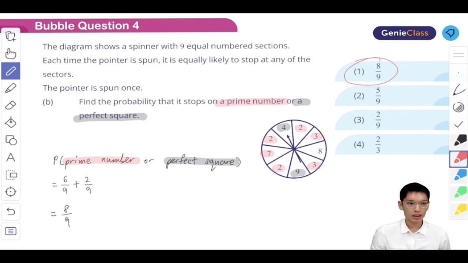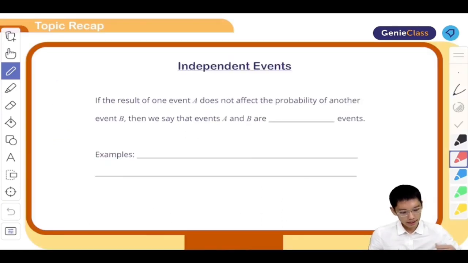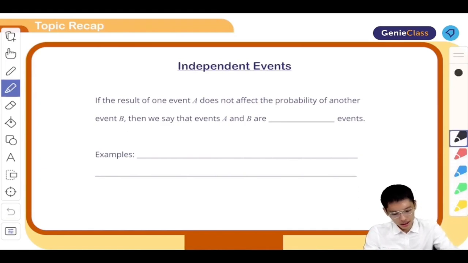Okay, so mutually exclusive. I hope you guys got the hang of it because we still have 2 more events to go. Next one, independent events. Take note, the keyword here is independent.